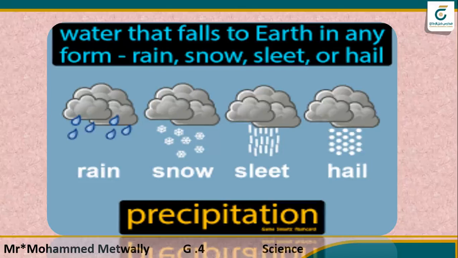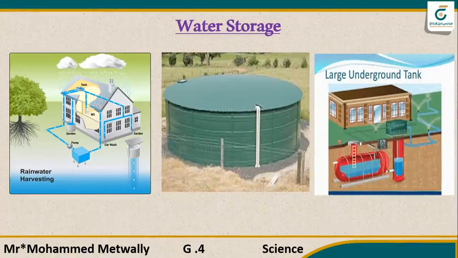In precipitation, the water falls to the earth in any form, which are rain, snow, sleet, or hail. Do you remember? Yes, you do. Turning to the last process here, which is storage. When the precipitation takes place and the rain gets down into the ground, people can store the water from the rain inside tanks under the ground or above the ground, as you see here in the figure.